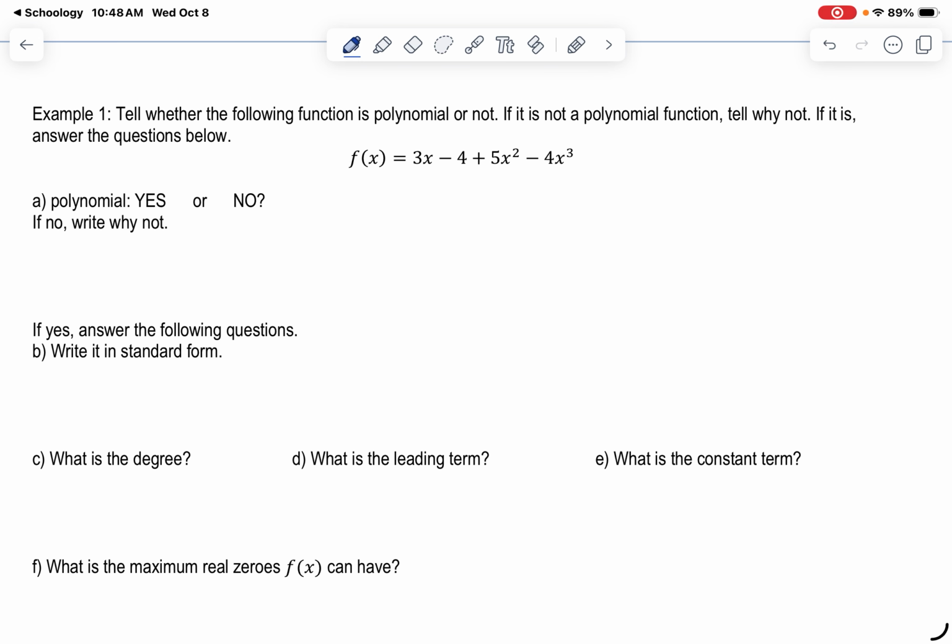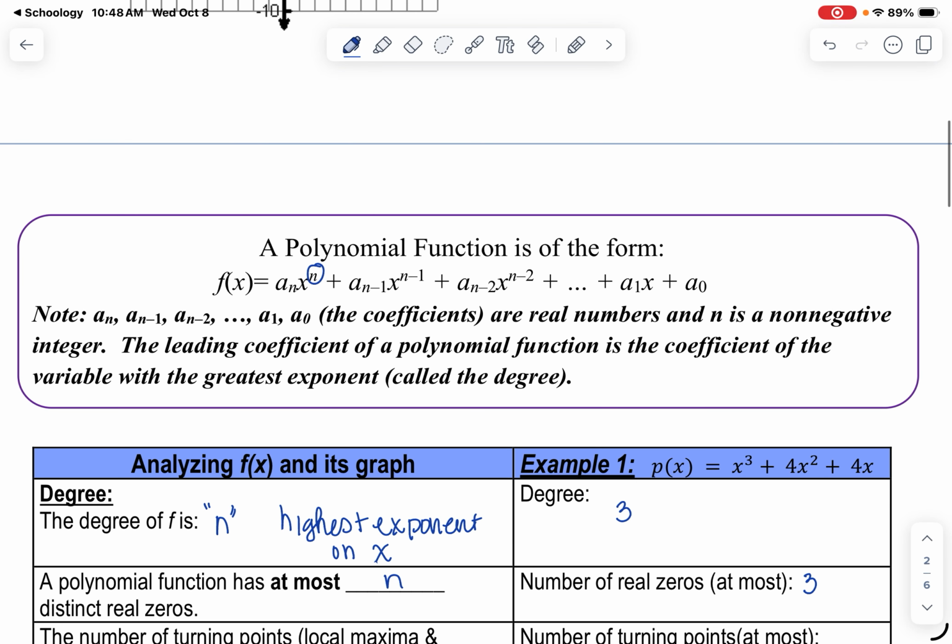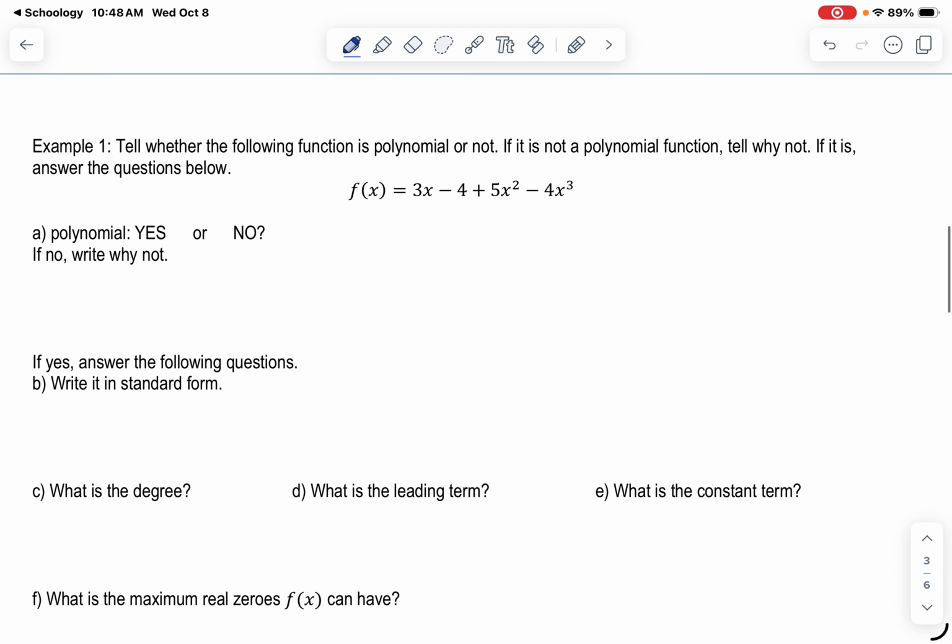So looking at it, remember, in order for it to be a polynomial function, it has to be in this form right here, expanded form, which this is. And then it has to have real coefficients, which I don't see any i or square root of negative numbers anywhere, so that's good. And then the exponents have to be non-negative. And if you look, they are. So yes, this is a polynomial function.